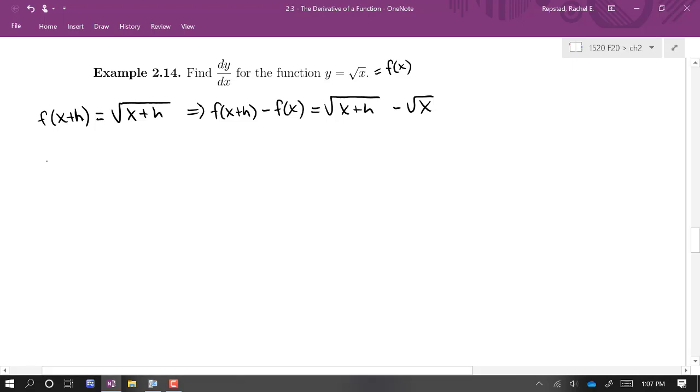So we're going to just continue by setting up our limit. So dy/dx is the limit as h approaches 0 of f of x plus h minus f of x all over h.